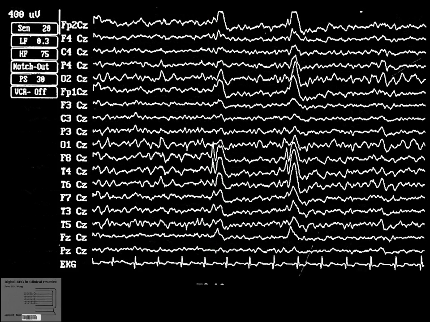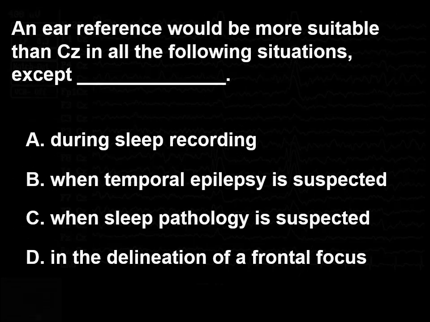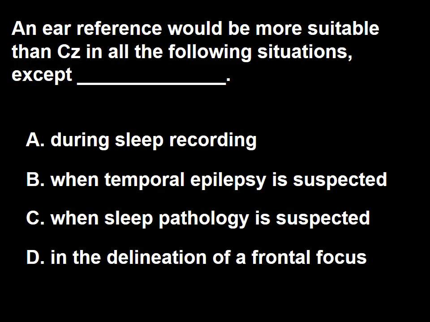Changing the reference to CZ shows that the field of the spike is maximal at F8 and T4, suggesting temporal lobe epilepsy. So the answer to this question is B.